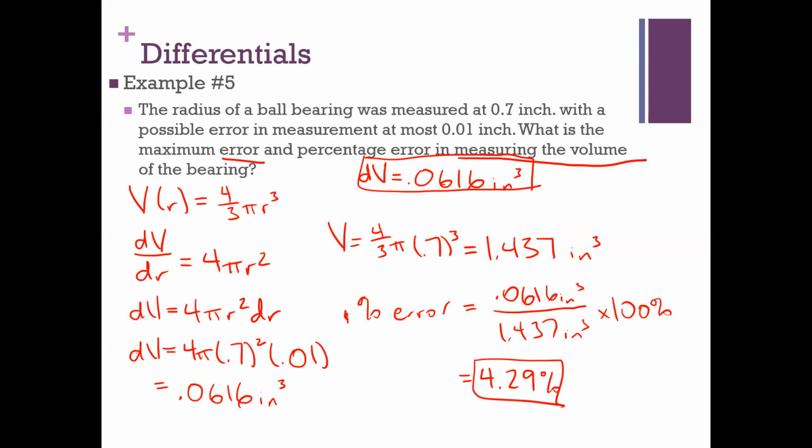So dV in this case is the maximum acceptable percent error. No, I have not deemed what's acceptable. That dV is the maximum possible error. I'm measuring the length of something with some kind of tool, and whoever manufactures this tool guarantees it to this accuracy.